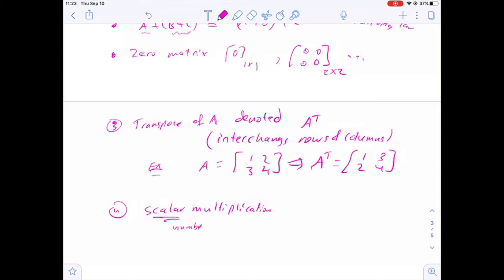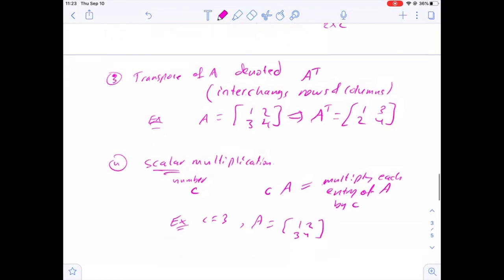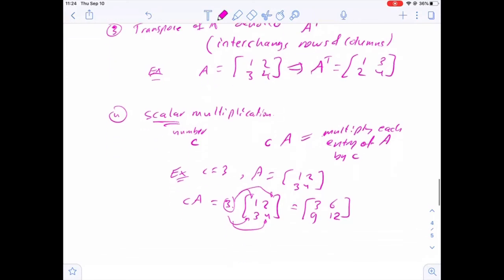Scalar means number, so let's call it C. So we multiply matrix A by C. That means multiplying each element or entry of matrix A by that number C. For example, if C equals 3 and A is 1, 2, 3, 4, then C times A is 3 times the matrix 1, 2, 3, 4, and we multiply each entry by 3. So this is 3, this is 6, this is 9, and this is 12. That's called scalar multiplication.